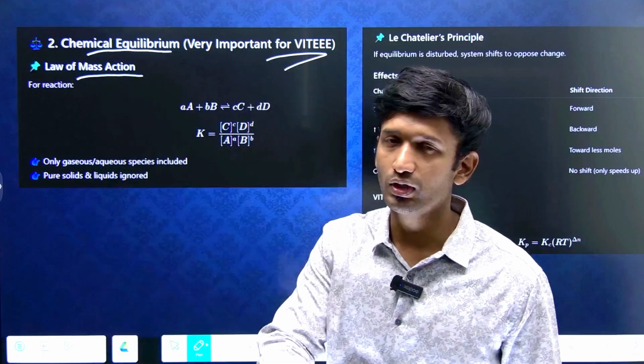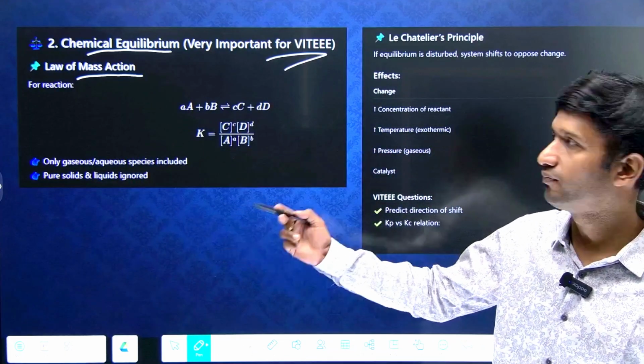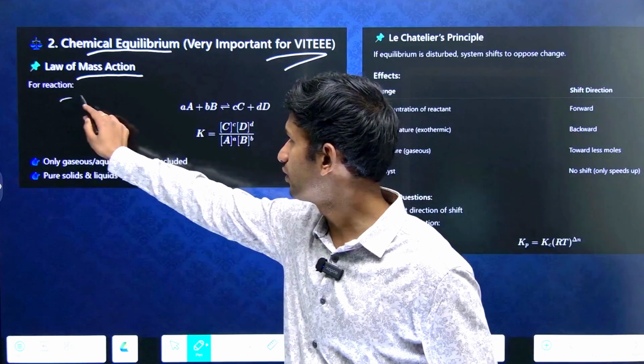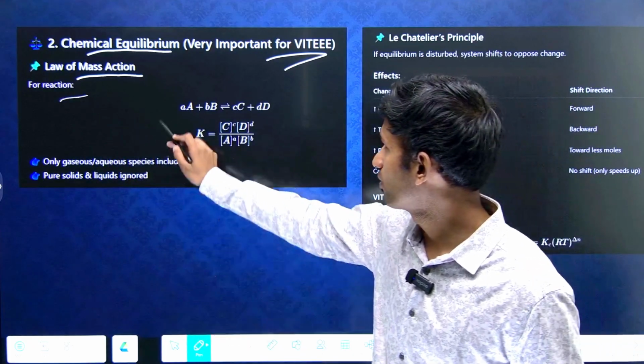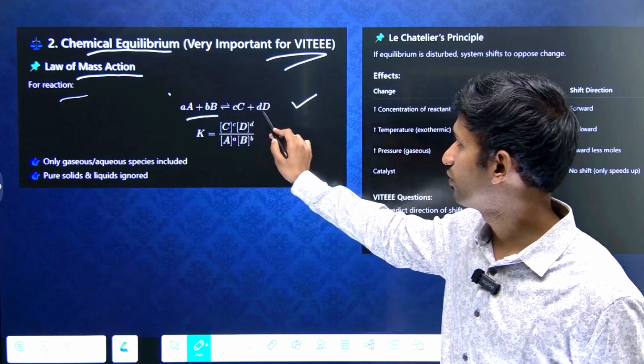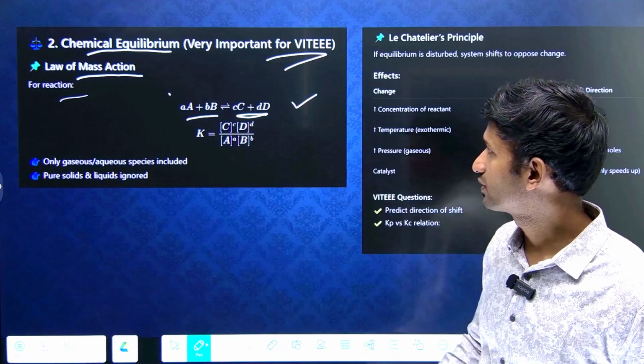Firstly, the important topic under chemical equilibrium is the law of mass action. What exactly does it tell? K for the reaction, the law of mass action would be represented using these equations: aA plus bB, and these are reversible processes, cC plus dD.